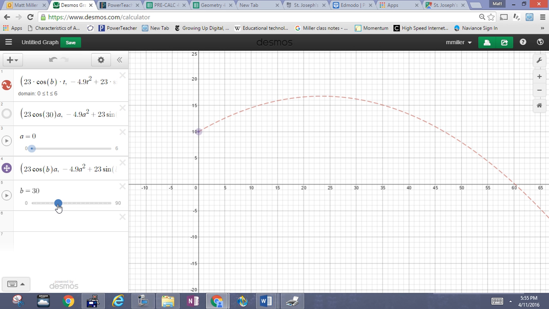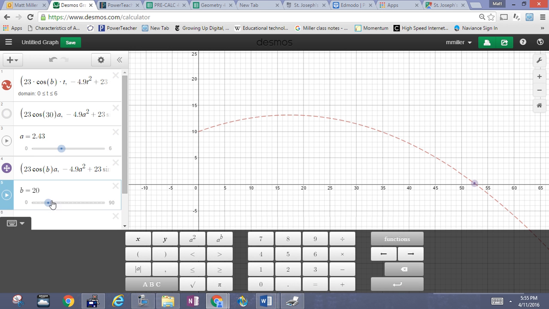If I go at a lower angle, at an angle of 20-degree launch, you can now see that I'm losing range. And of course I'm losing hang time because this thing is hitting the ground right about at 2.4 seconds.